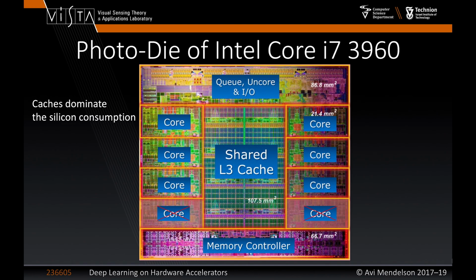But in several parts today you have up to 28 cores on the same die. But it looks like that. Look at the proportion between the shared L3 and the core.